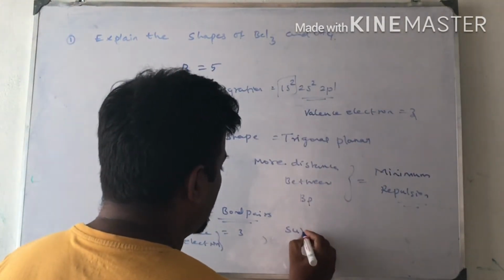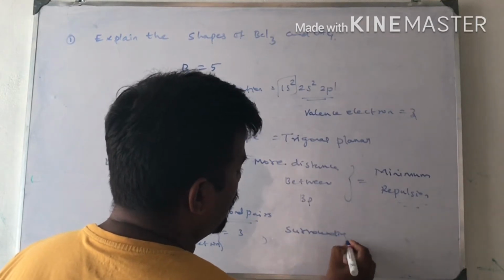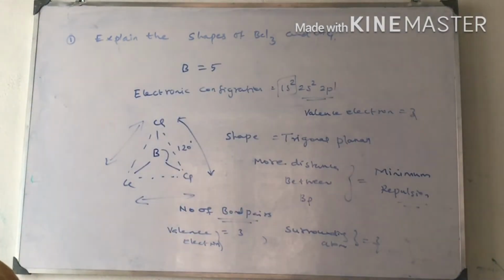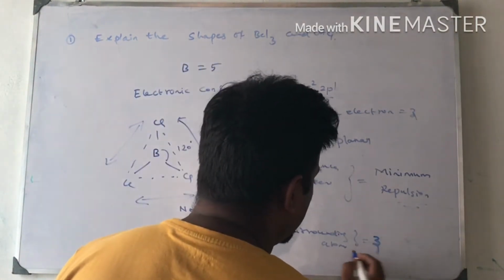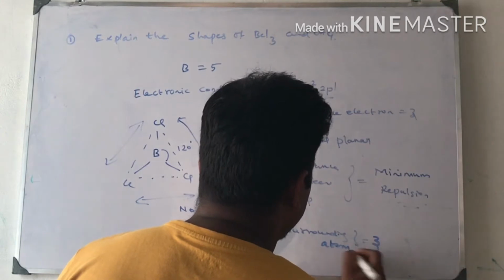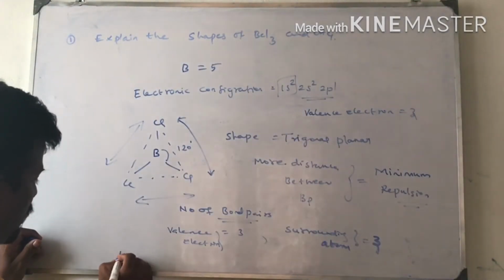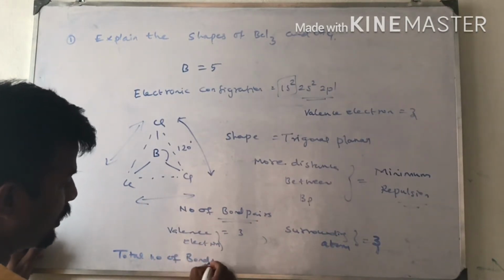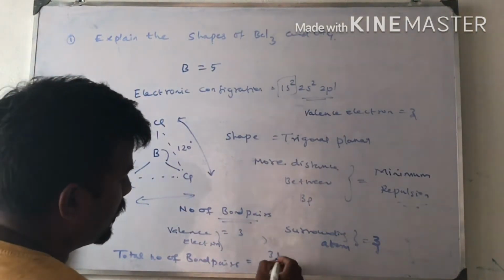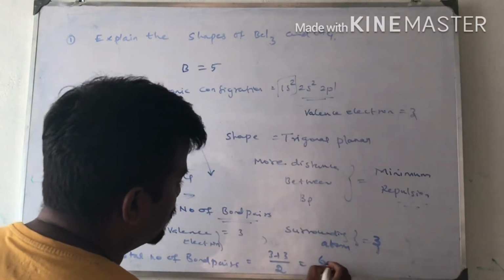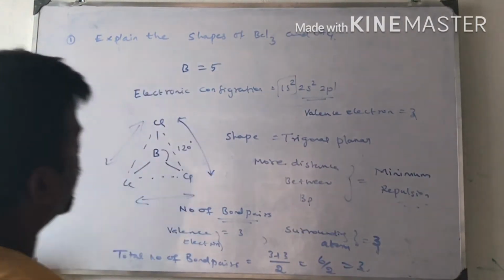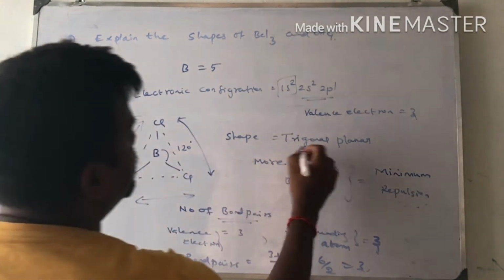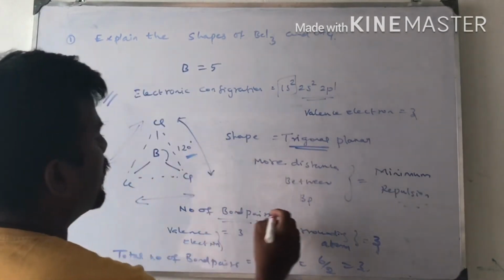Surrounding atoms also equal 3. Now the total number of bond pairs equals 3 plus 3 by 2, 6 by 2, equal to 3 bond pairs. So this is the shape of boron trichloride. This is the name, and this is the bond angle, 120 degrees.